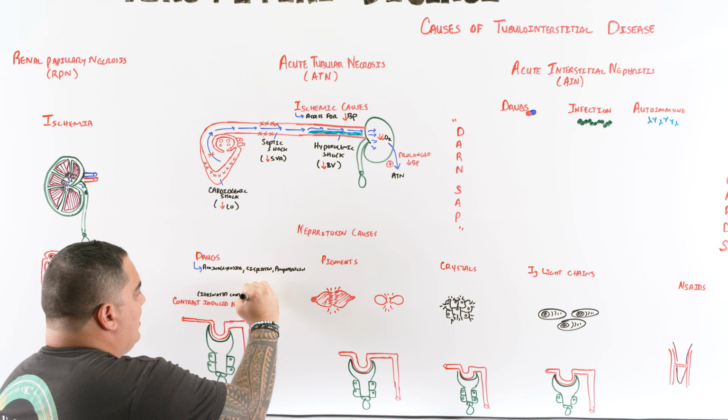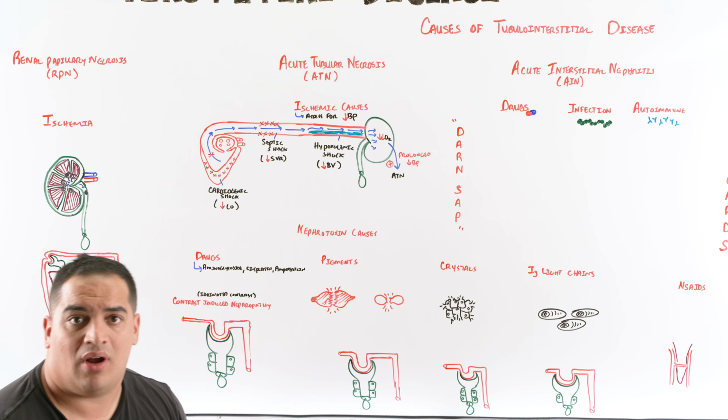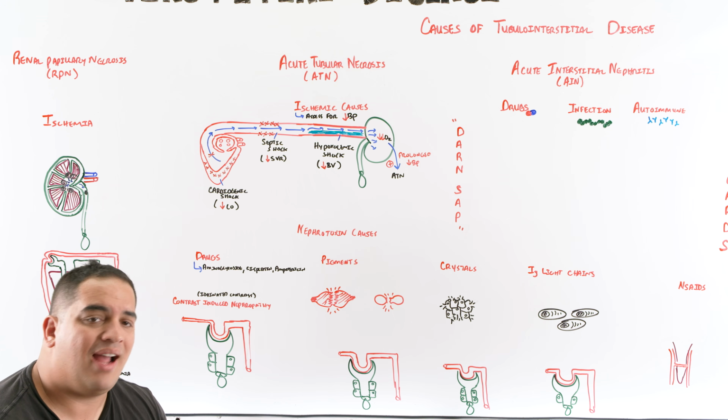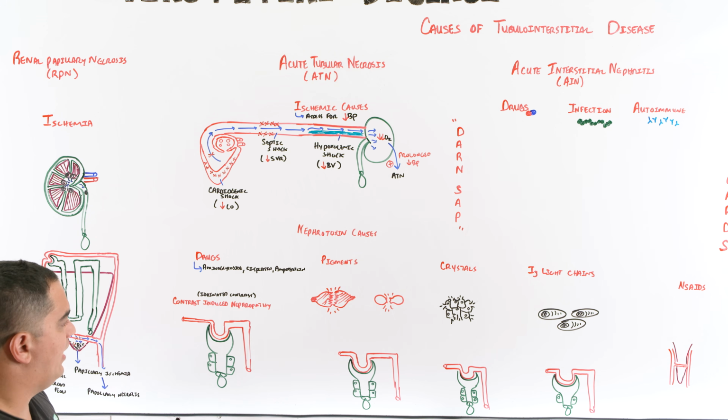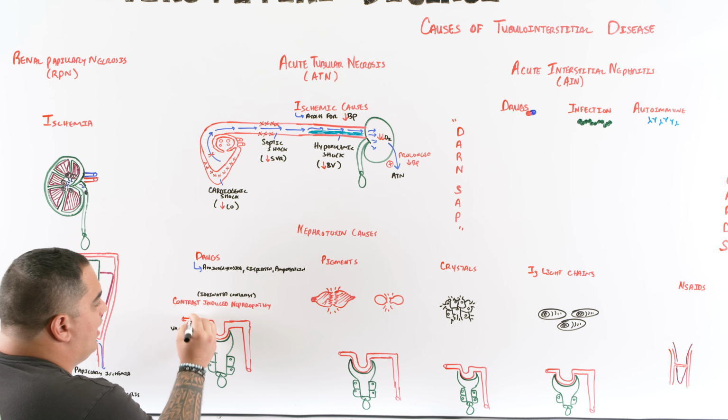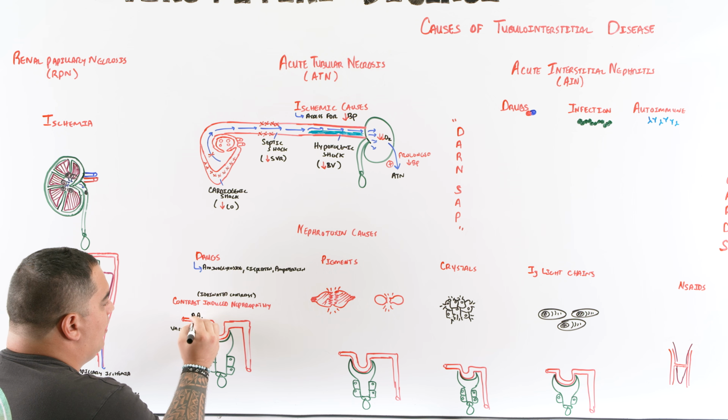We talked about this in acute kidney injury. We talked about this in chronic kidney disease, that contrast-induced nephropathy is something that you have to be careful for. With iodinated contrast, it can do two things. One is it can cause vasoconstriction. So it can vasoconstrict the afferent arteriole, right?